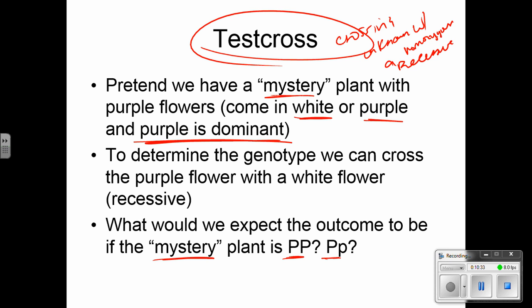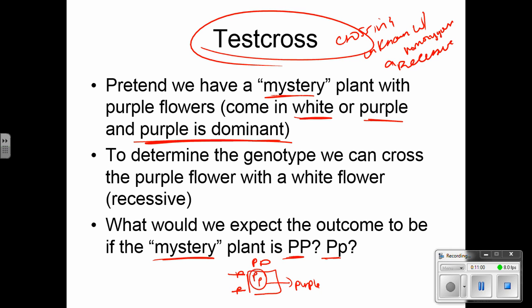I'll give you a minute. Okay, so big P, right? And we're crossing it with a little p. We would expect all of the offspring to be purple, right?